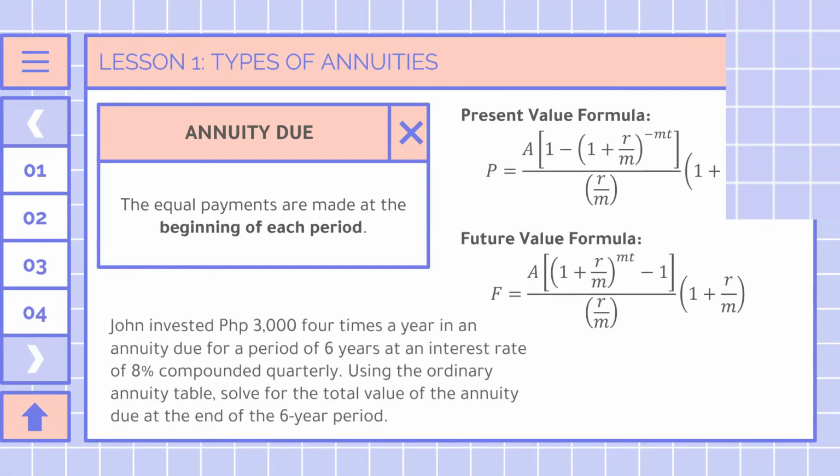So next, jump 3,000 4 times a year in an annuity due 6 years at an interest rate of 8% compounded quarterly using the ordinary annuity table. Solve for the total value of the annuity due at the end of 6-year period.